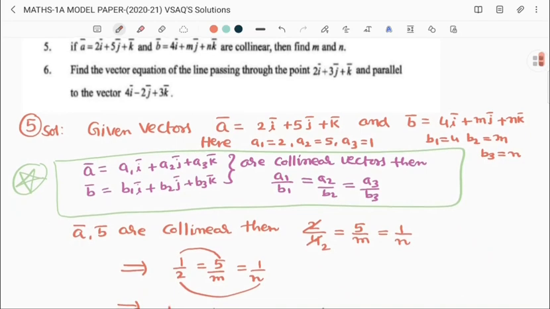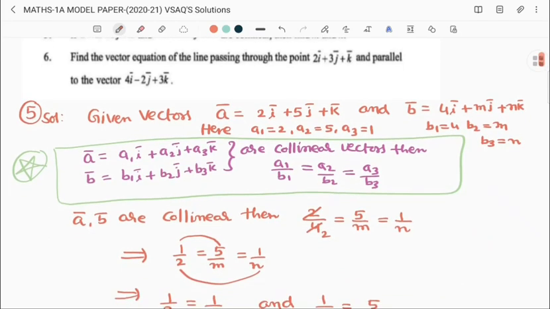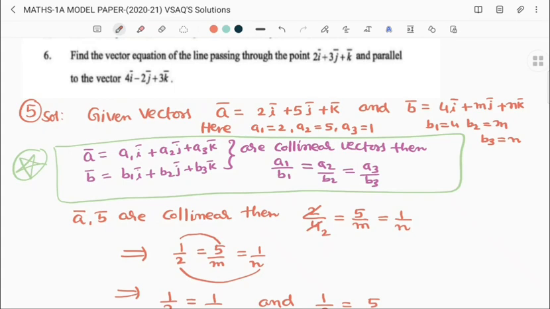Find the vector equation of the line passing through the point 2i plus 3j plus k and parallel to the vector 4i minus 2j plus 3k. Here the point it passes through you can take as a bar, and the parallel vector you can take as b bar.